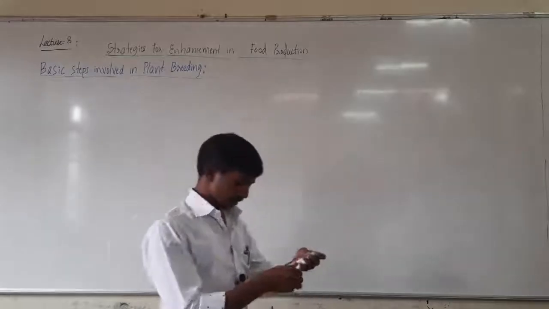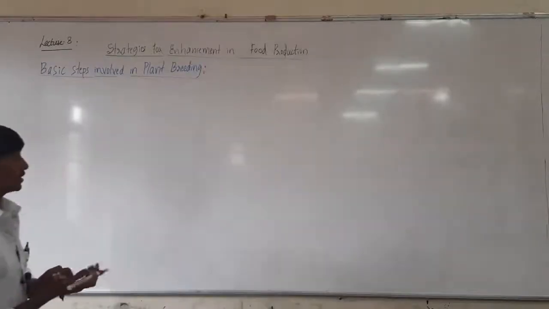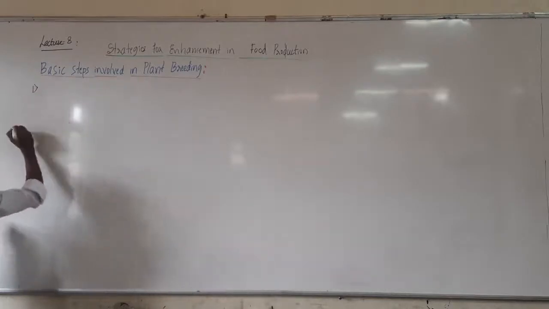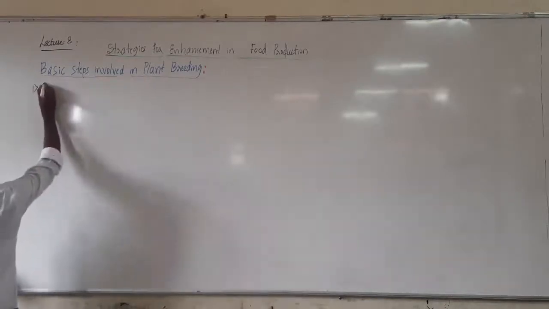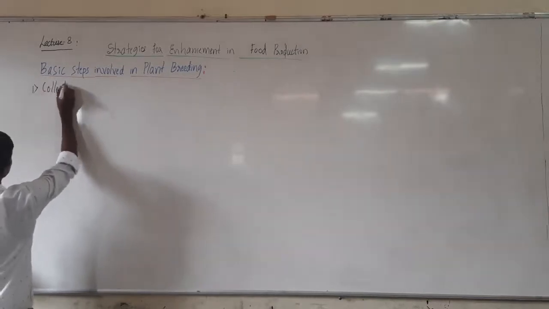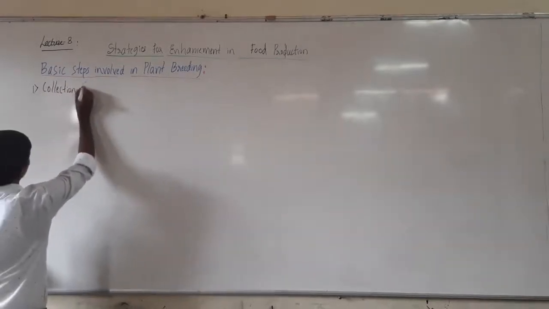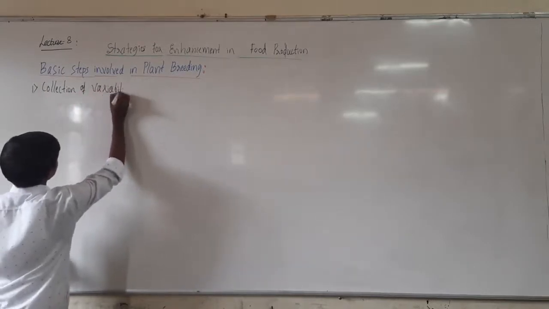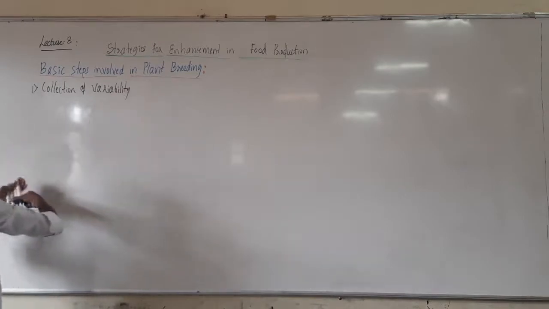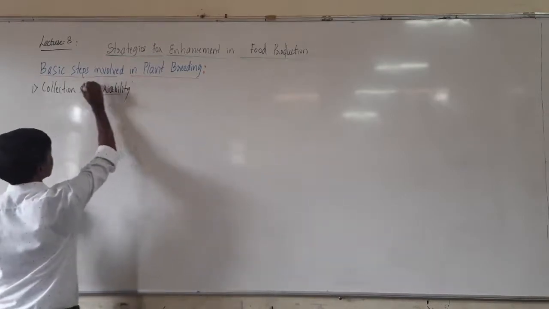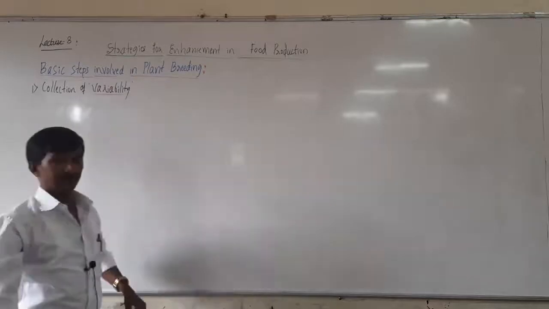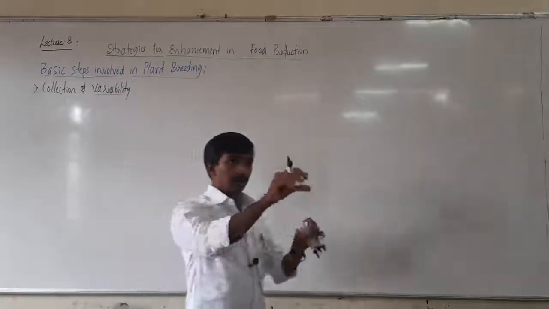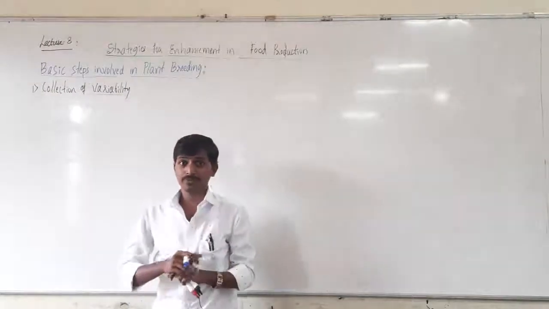So looking at the first step of plant breeding, that is the process of collection of variability. Look at the word variability. Variability refers to different plants of the same species, different crops.